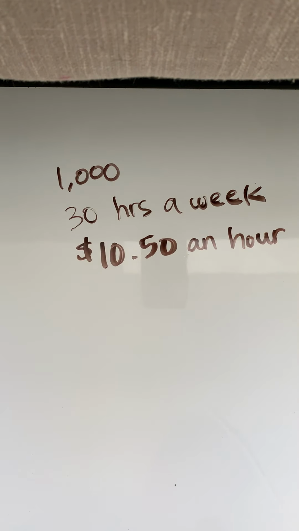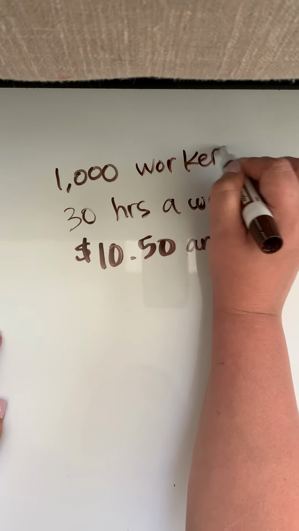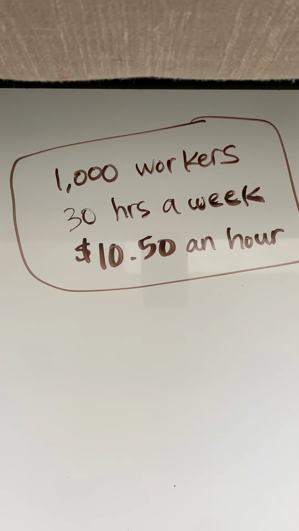Okay. How much does the company pay the workers all together each week? Okay, so we have 1,000 workers. These are just like my notes. Okay, I suggest you guys start working on taking notes as you read through problems. It'll help you stay organized and think through your thoughts.